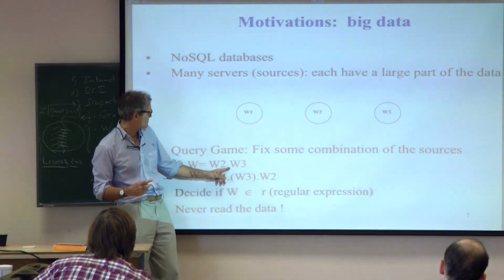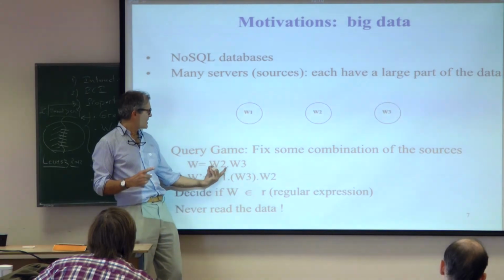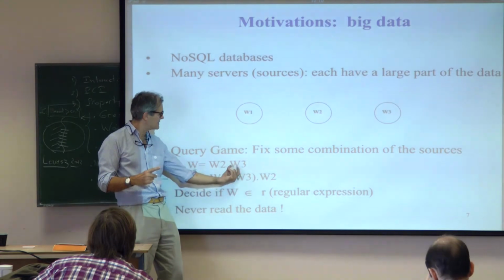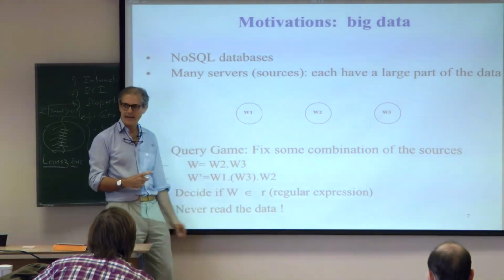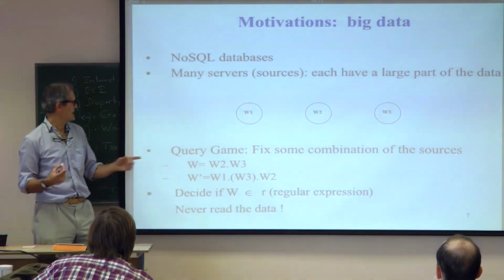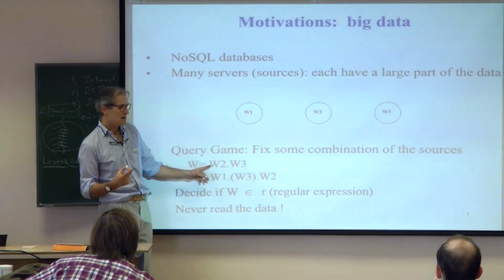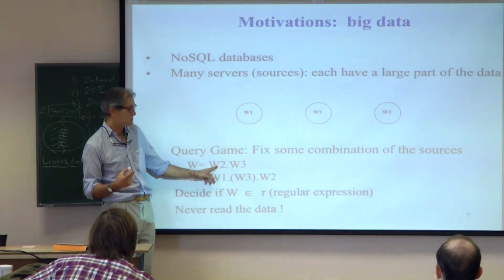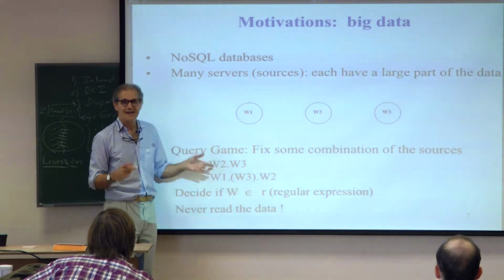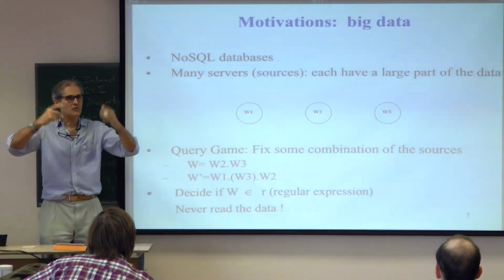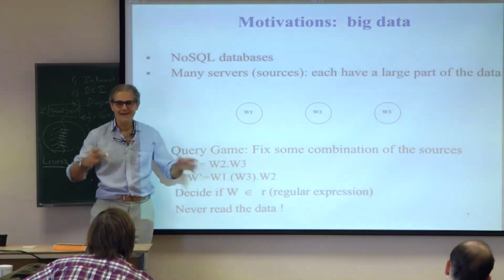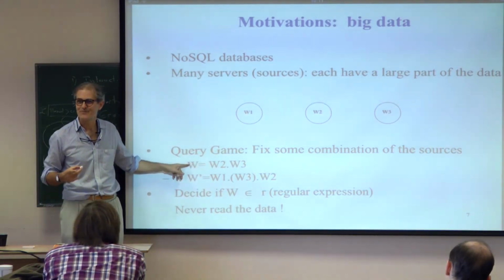Maybe W2 is twice as long as W3, so you have a 2/3 density here and 1/3 density there. Now, I hope you see that if you're on the same alphabet, if you have the UStat1 of W2 and the UStat1 of W3, essentially you're going to take 2/3 UStat W2 plus 1/3 UStat W3, and that will give you the UStat of W.